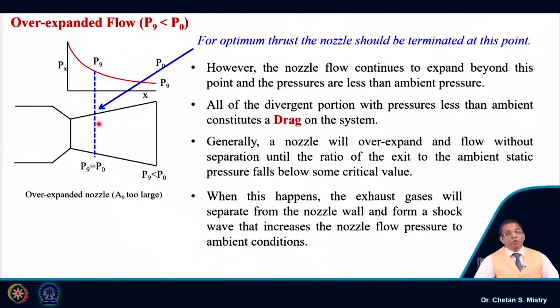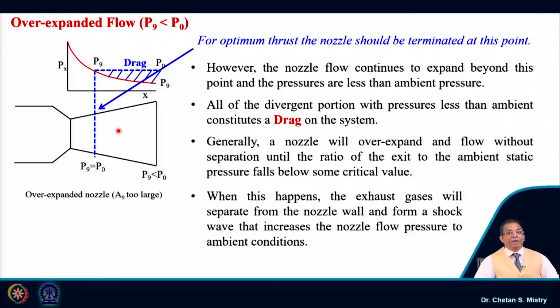I have a nozzle that has excess length and excess area. Since my pressure is lower than the atmospheric pressure, in that configuration my nozzle should be truncated here, because additional length will increase the drag, and that is not my requirement.